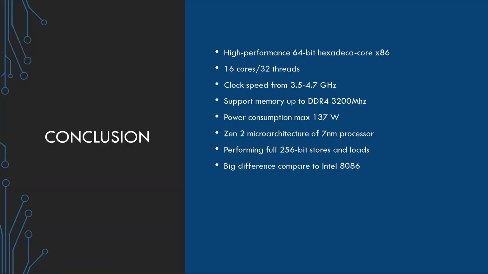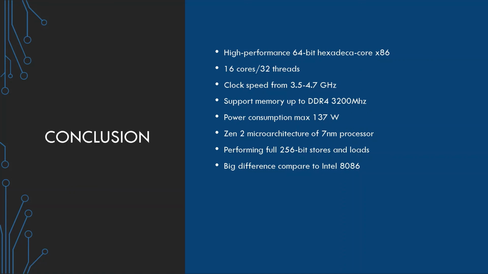To conclude our presentation, our selected microprocessor is a high-performing 64-bit x86 processor with 16 cores and 32 threads. Its memory can support up to 128 GB DDR4 at its max, with a clock speed of 3200 MHz.